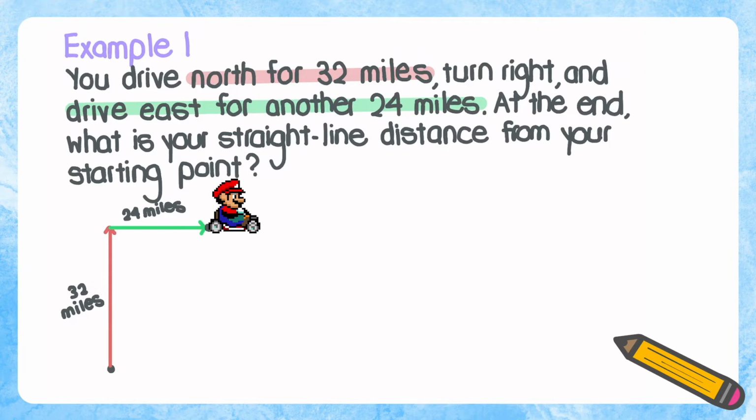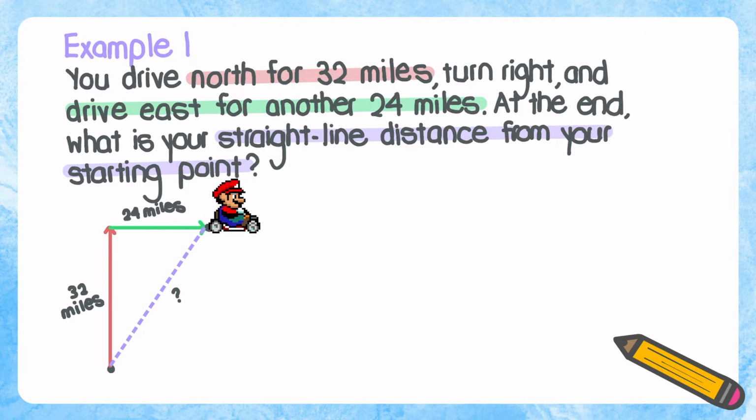And the problem asks us, what's the straight line distance from your starting point? So what is this straight diagonal length distance starting from our starting point and going to the end point? We want to find this distance using the Pythagorean theorem. So how can we do that?